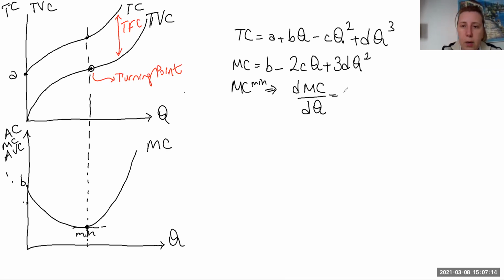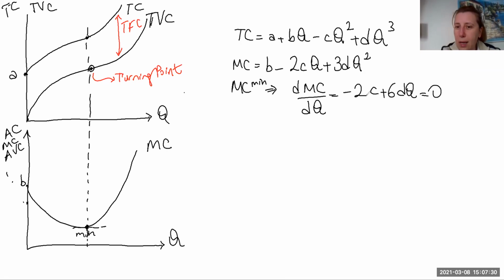So it is minus 2C plus 6BQ and equalize it to 0.